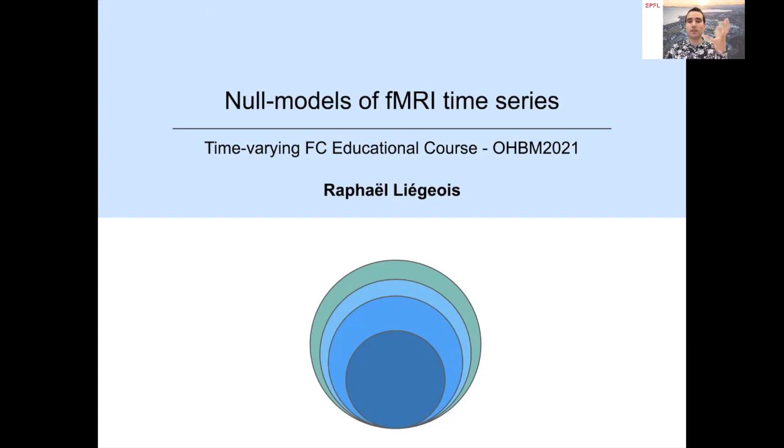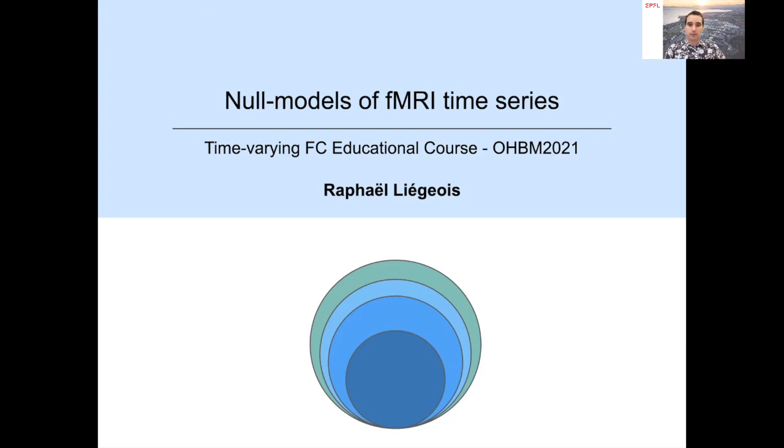To this end, null models have been used quite a lot, especially quite recently. For example, I'm sure you've heard of phase randomization. But I think the interpretation of these models and the results is not that obvious, not that straightforward, and should be done with caution.